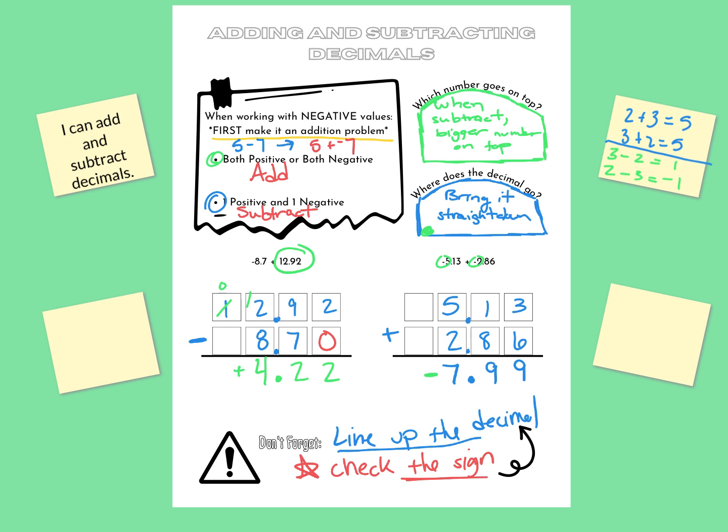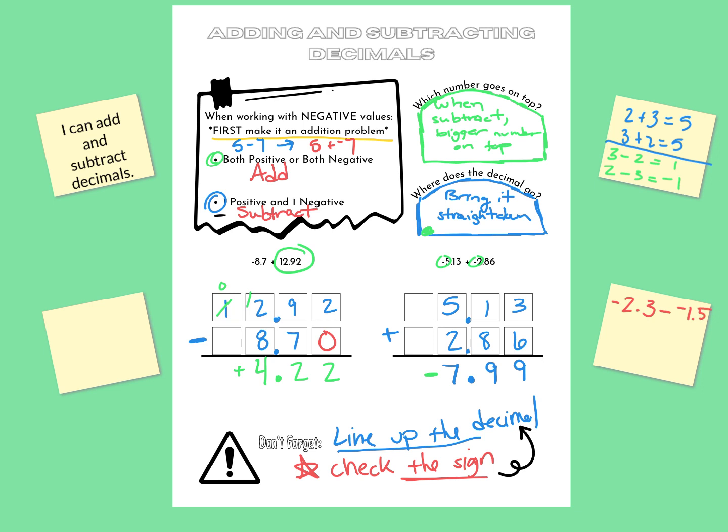Now both of these examples were addition problems. So let's look at one more. What if it had been maybe a problem like this? Negative 2.3 minus negative 1.5.